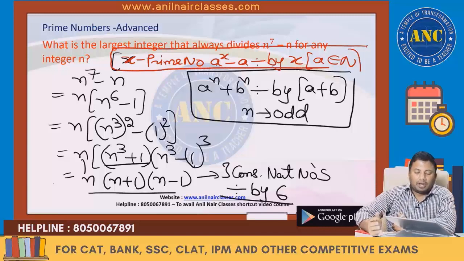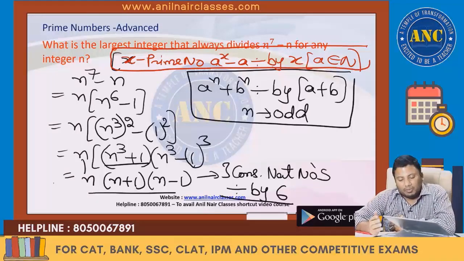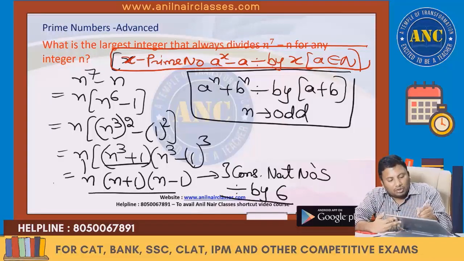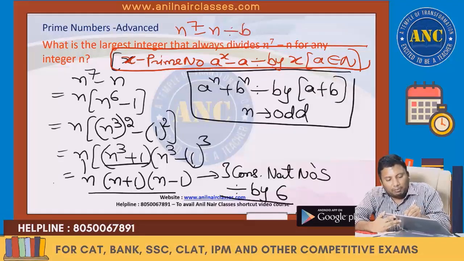If x is a prime number, a power x minus a is always divisible by x if a is a natural number. So n power 7 minus n is always divisible by 7.